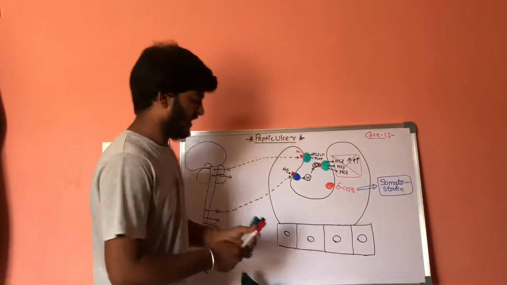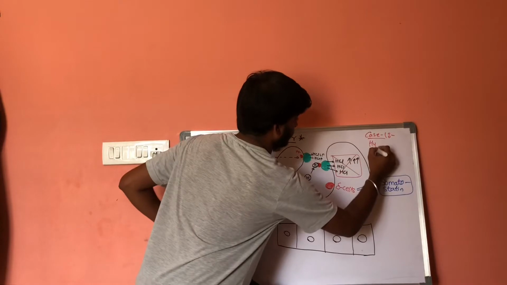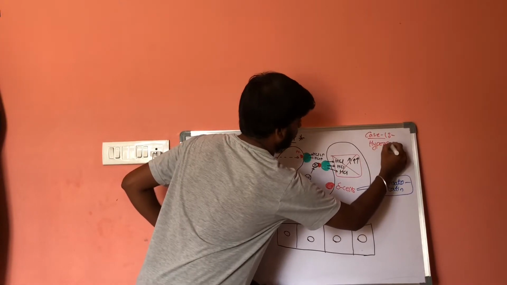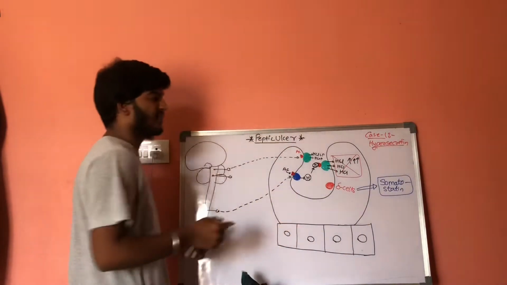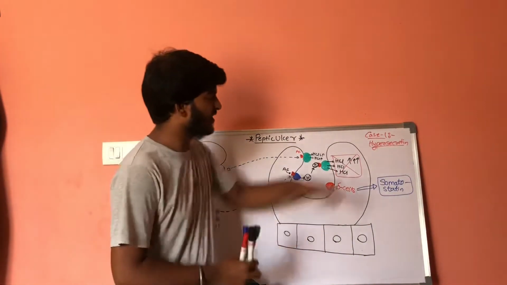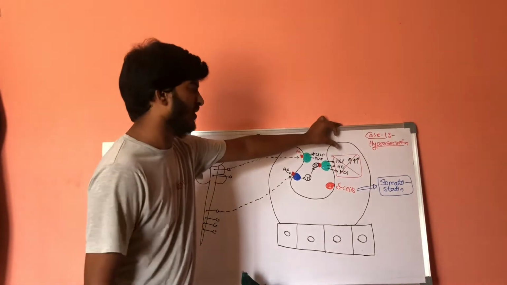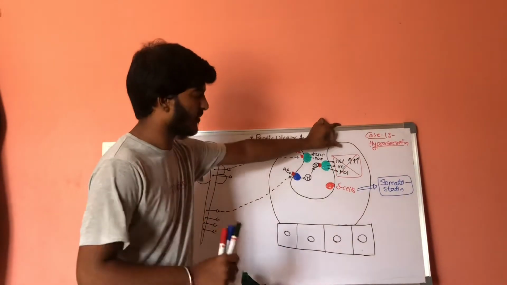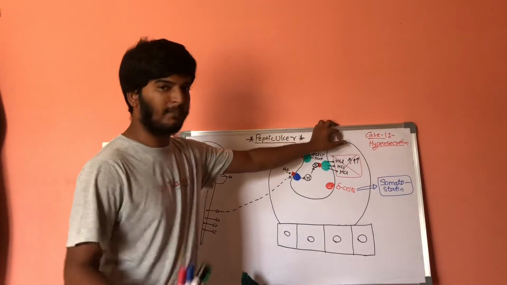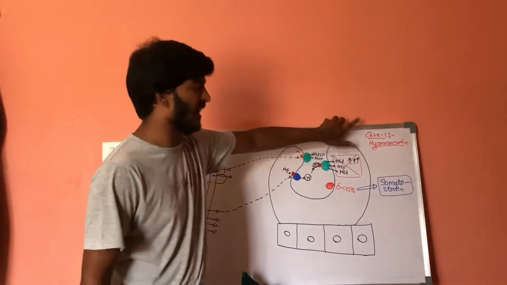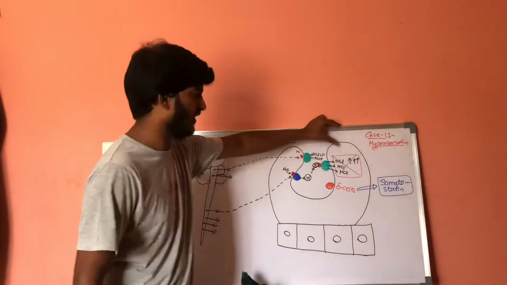If there is hypersecretion of HCl, acidic concentration will be increased. Normally the pH within the stomach is between 1.3 to 3.5, but if there is hypersecretion, it will be less than 1.0, that is it becomes more acidic. It is highly dangerous.